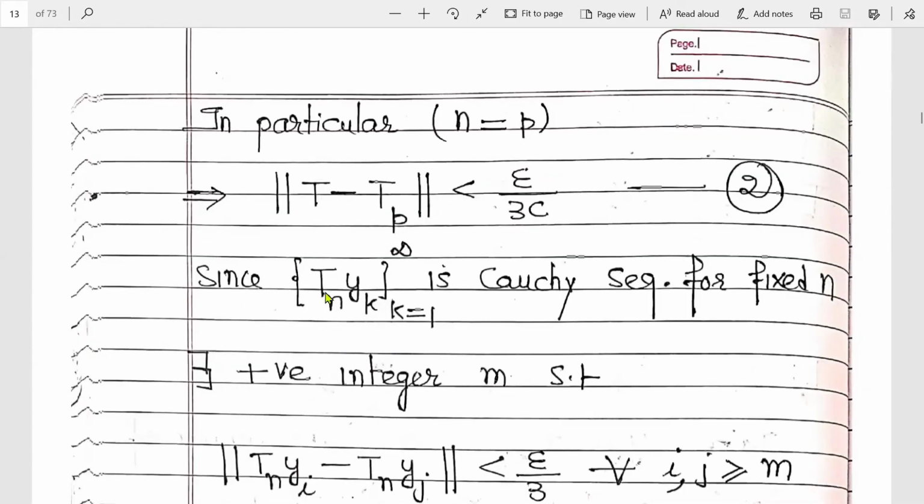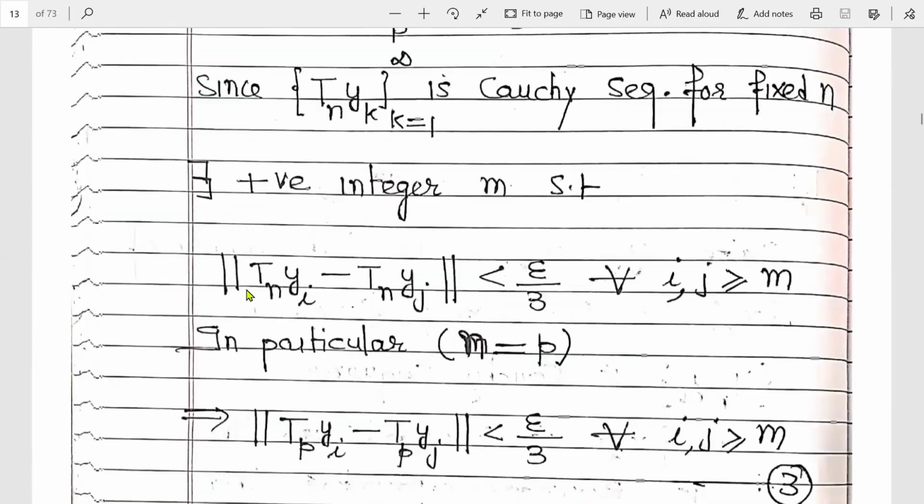Again, T and Yk is a Cauchy sequence, so again we use the definition of Cauchy sequence. By the Cauchy sequence, the norm of T_n y_i minus T_n y_j is less than epsilon by 3, depending upon our requirement, for every i, j greater than or equal to m, where m is a positive integer.